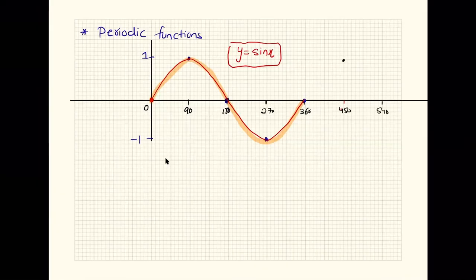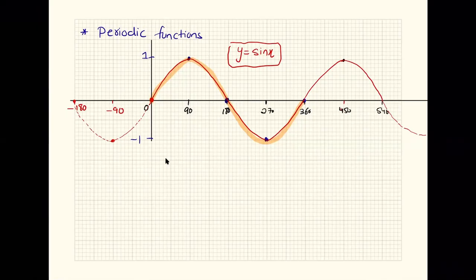This graph is going to go further above and then come down, and the same shape is going to repeat even for the negative angles. So this is negative 90, negative 180. The graph is going to go down at minus 90, the value is going to be minus 1, and then it will go up. So these are periodic functions. The same thing will happen with the cos x cycle.